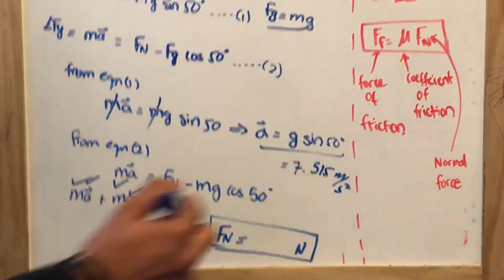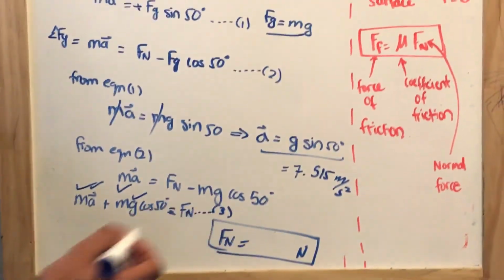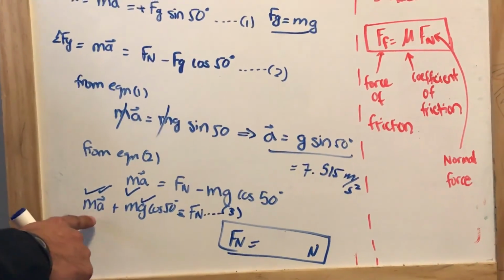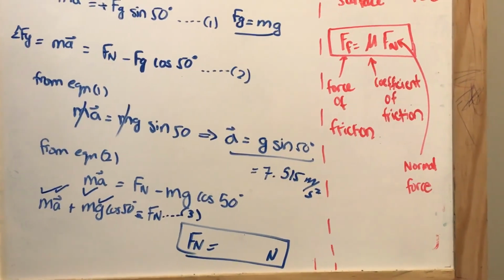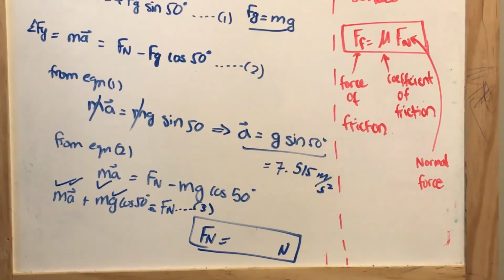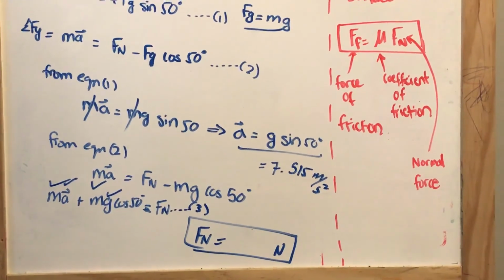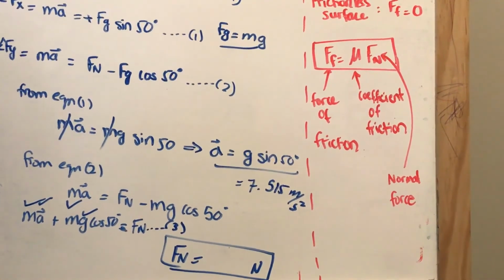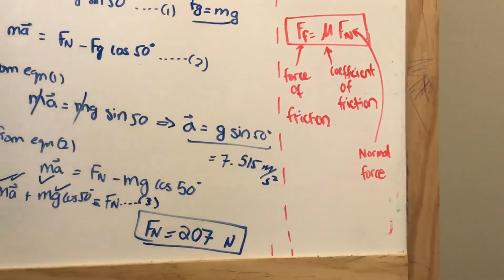Now I plug this into this equation here, which I can label equation number 3, to solve for my normal force. Mass was 15 multiplied by acceleration, then I'm going to add that to mass times gravity, 15 times 9.81 multiplied by cosine of 50. And the answer that I get is approximately 207 newtons.